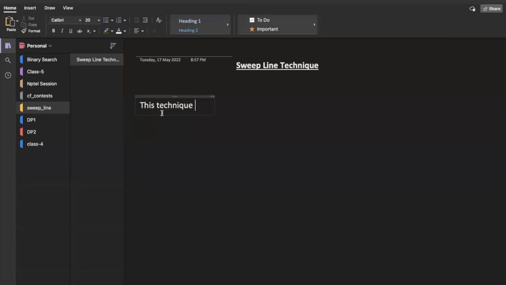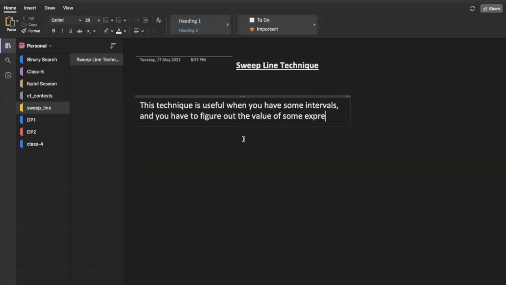This technique is useful when you have some intervals and you have to figure out the value of some expression. By intervals, I mean a set of values comprising a starting point and an ending point.